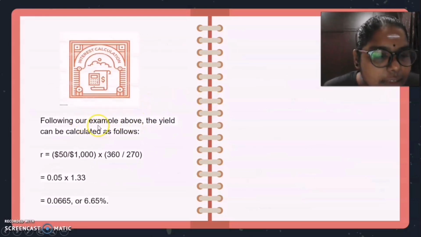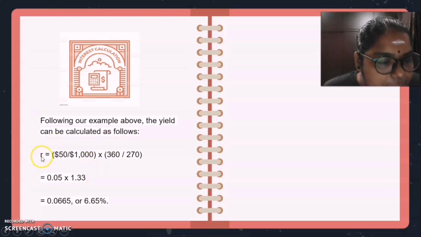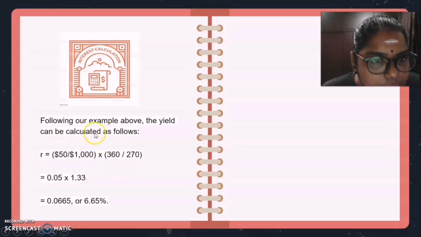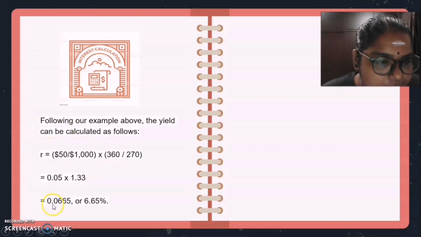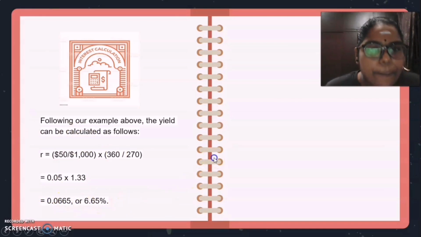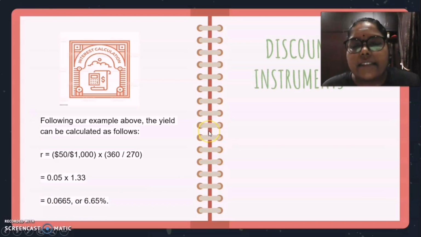The final answer for the interest earned from the treasury bill is 0.0665%.